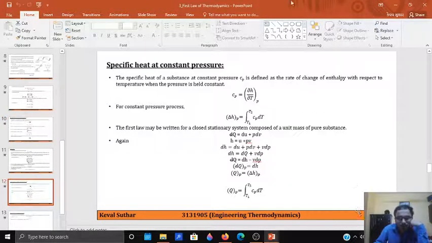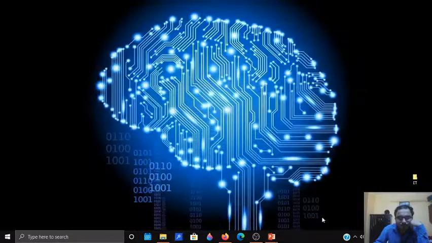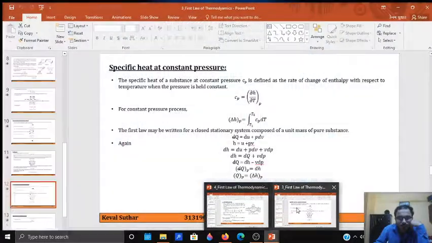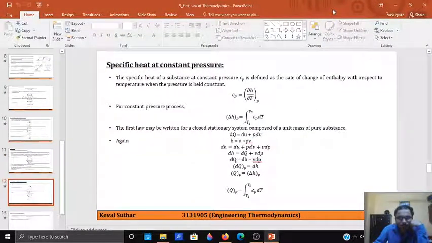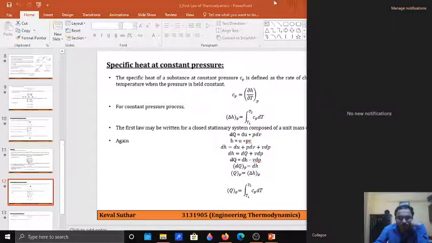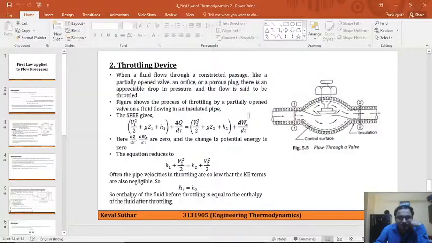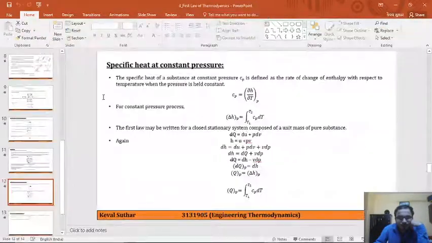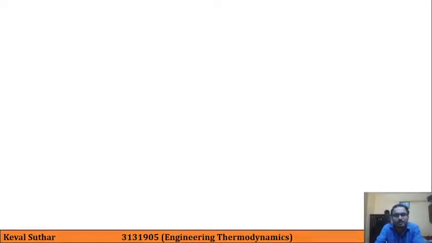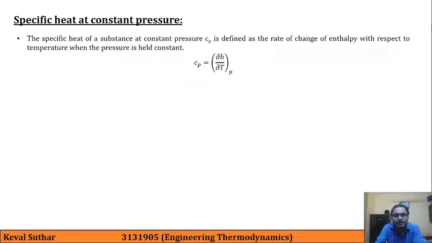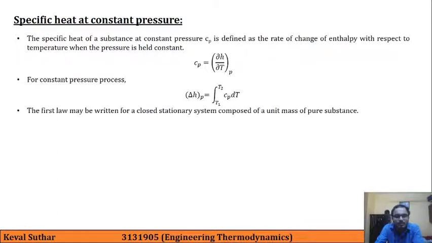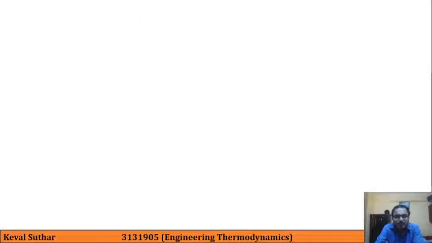So today we started with this specific heat at constant pressure, which is del H upon del tau at constant pressure, and we derived the formula of that.